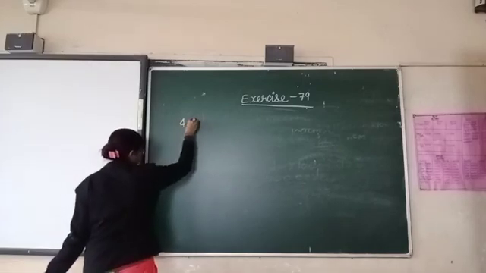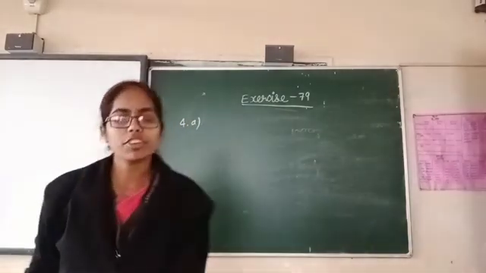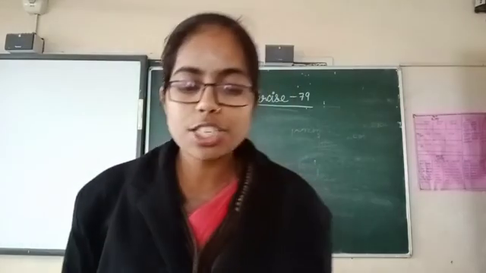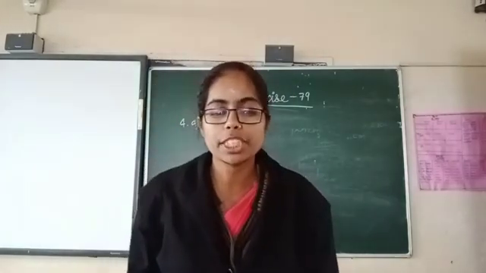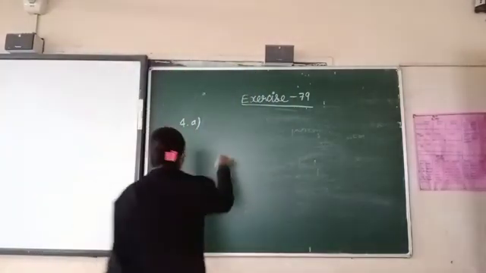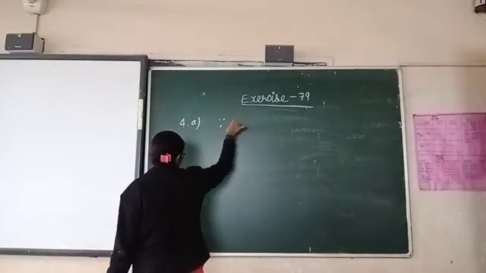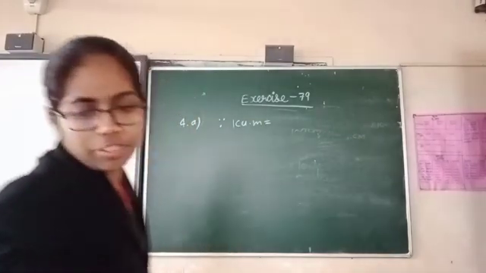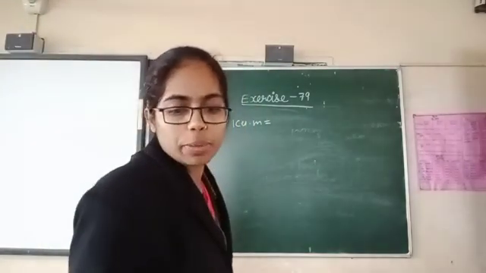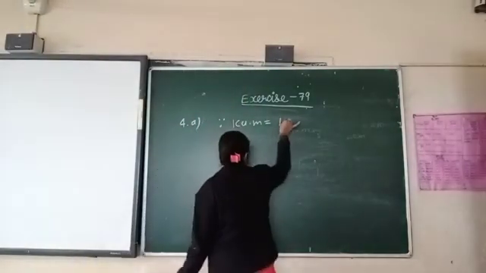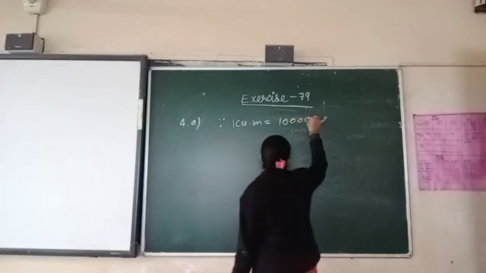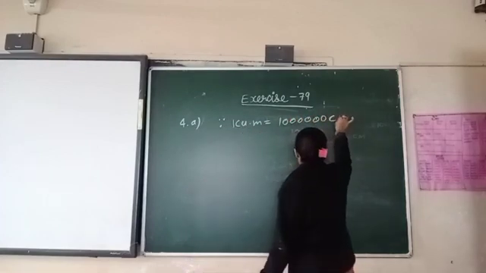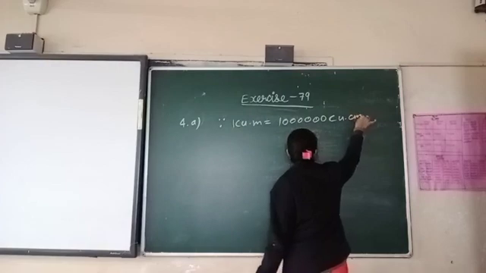Question number 4A. What is given? Convert 0.25 cubic meter into cubic centimeter. So we will write, since 1 cubic meter equals, what did we just find? 1 cubic meter equals 1, 2, 3, 4, 5, 6 cubic centimeter.